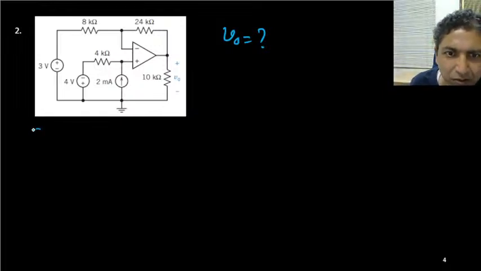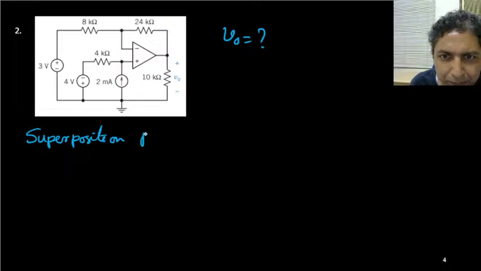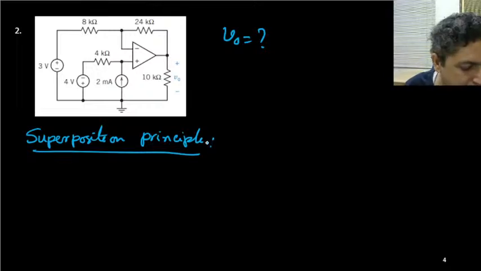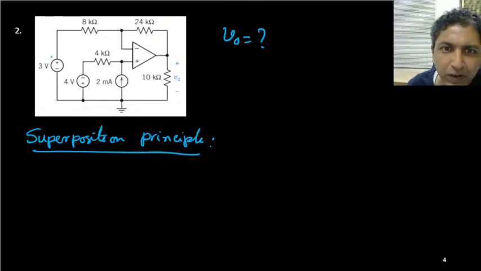Can you use superposition principle? Okay, because we are having three sources, two voltage source and one current source. This is one voltage source 3 volt, this is another 4 volt, this is your 2 milliampere current source.